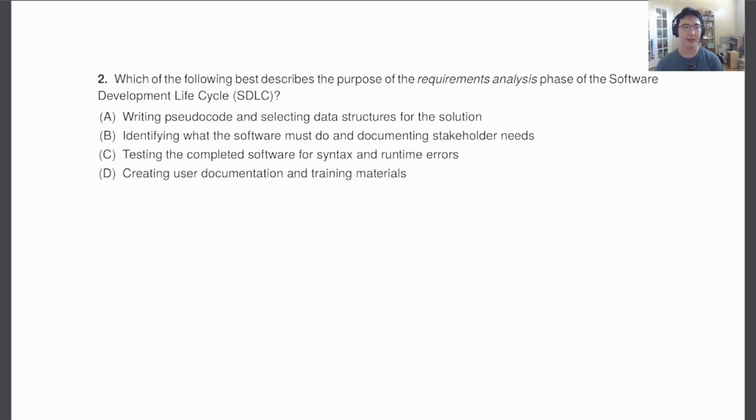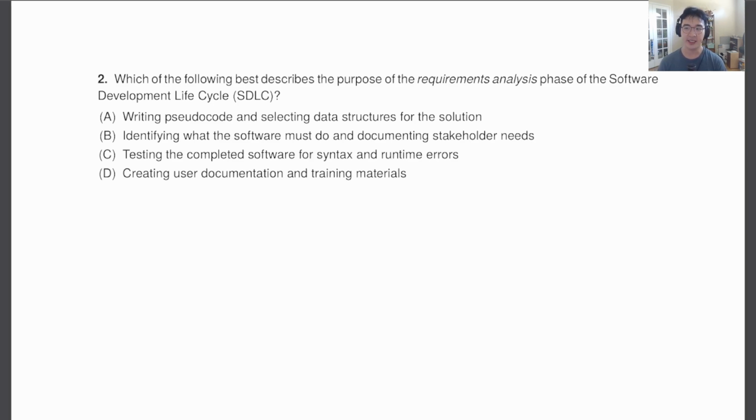So the purpose of the requirements analysis phase is you're really trying to identify what the software must do and see what the stakeholder actually needs of your software before you start programming. Looking at each answer choice, A describes the design phase.